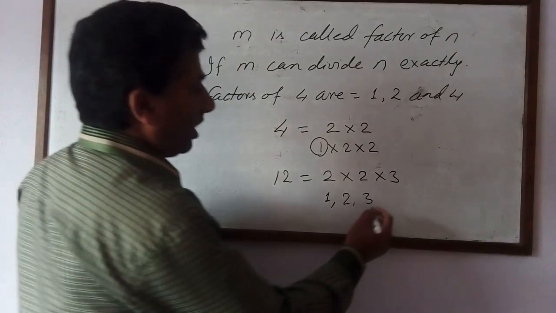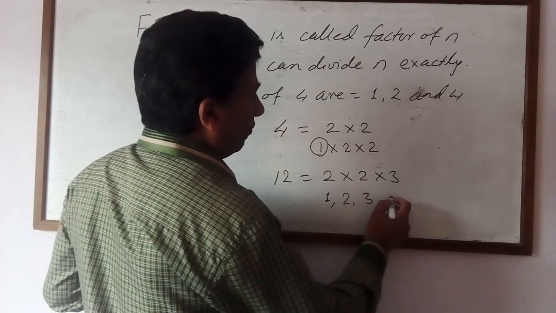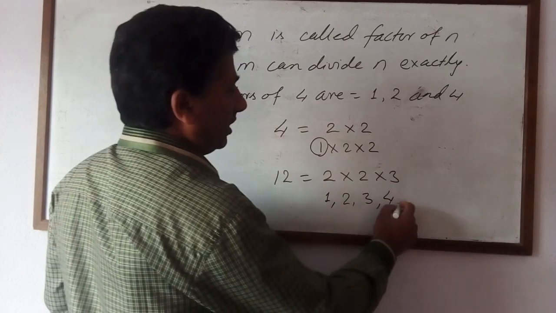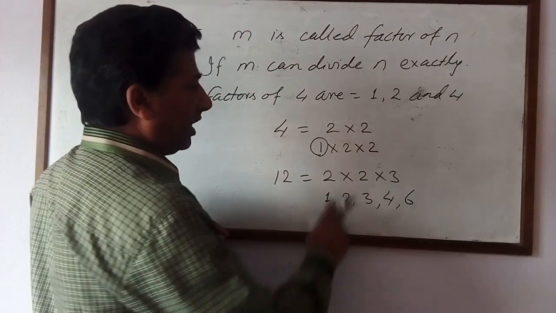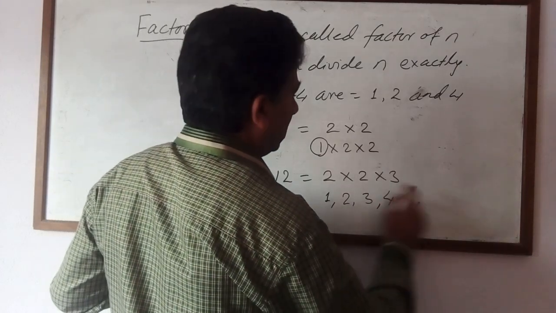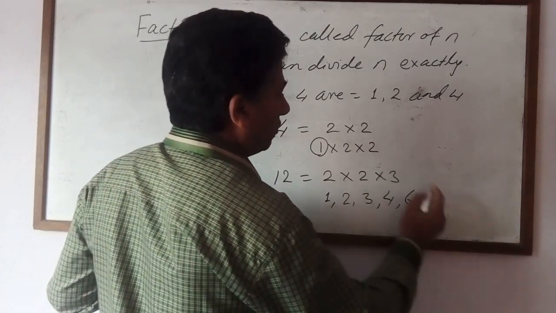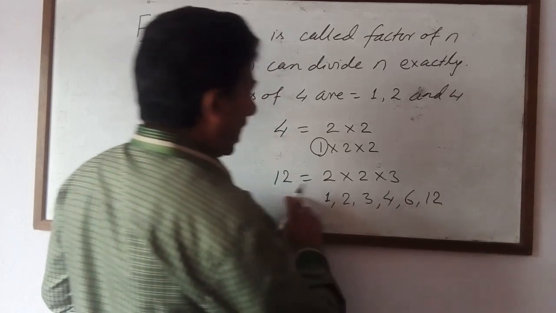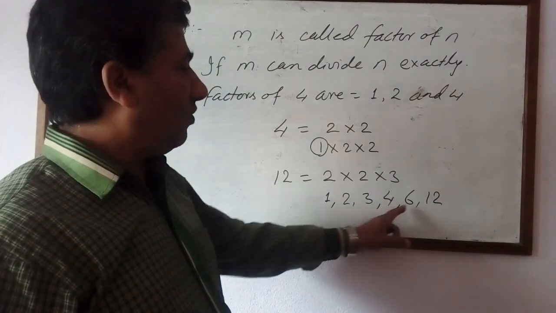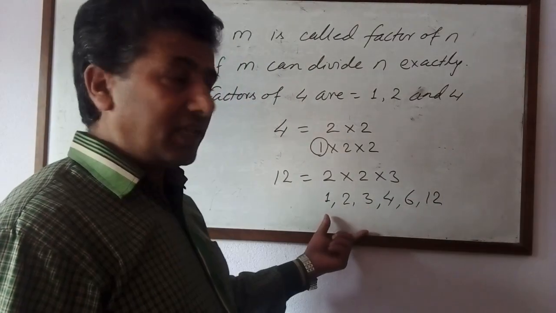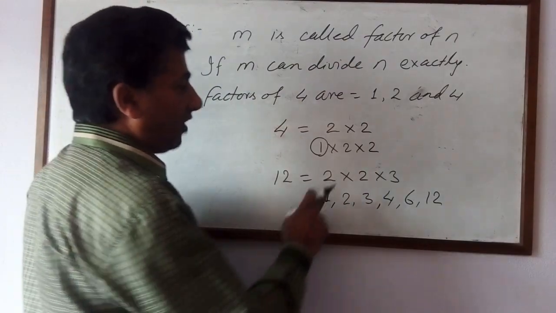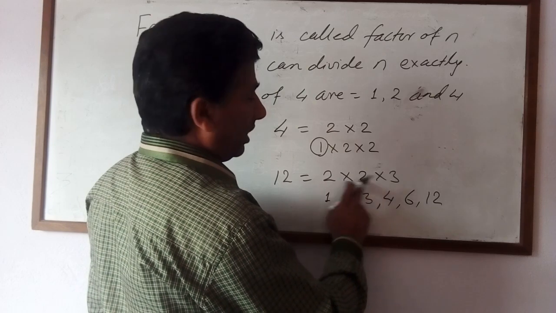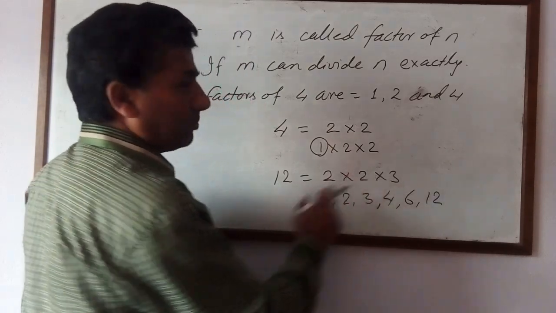And the remaining factors? 2 times 2, 4, another factor. 2 times 3, 6, another factor. And multiplying all, 2 times 2, 4, times 3, 12. So 12 has 1, 2, 3, 4, 6 and 12, that is 6 factors.